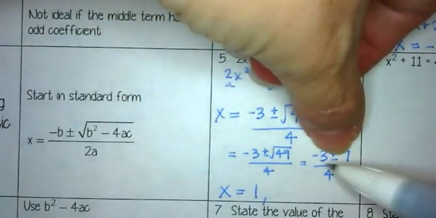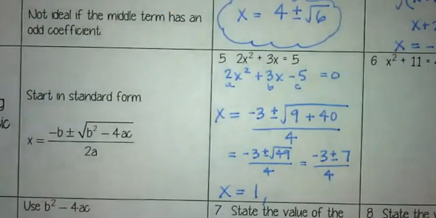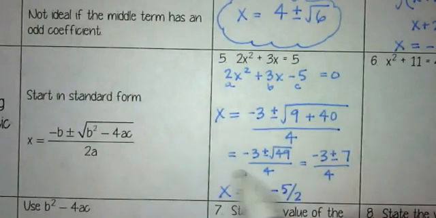If we do negative 3 minus 7, that would be negative 10 over 4, which can reduce to negative 5 halves, which would be negative 2.5. So that's your solution.